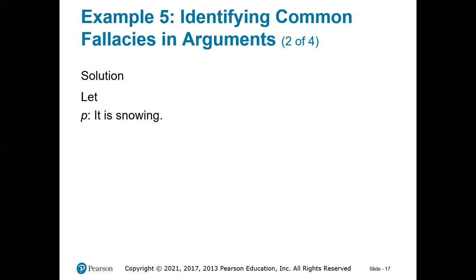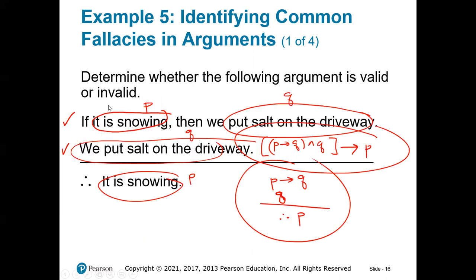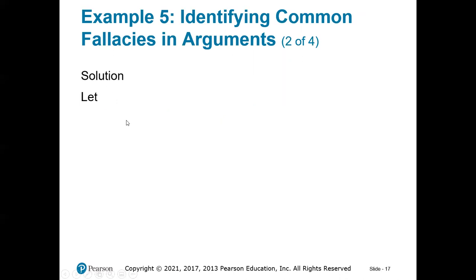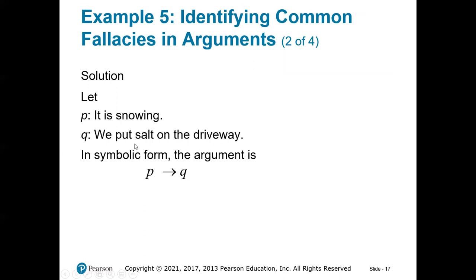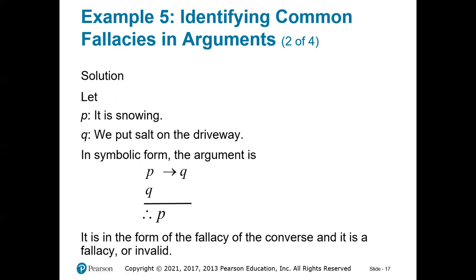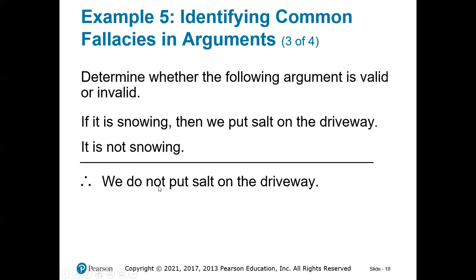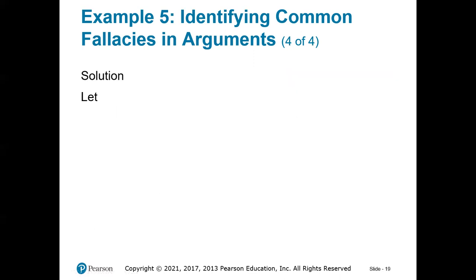So P is snowing, like I said. I was lucky this time. I used the same letter for P. Q is put salt on the driveway. In symbolic form, we are going to have this argument. We didn't talk about fallacies, but if you go ahead and do the truth table to see if it is valid or invalid.